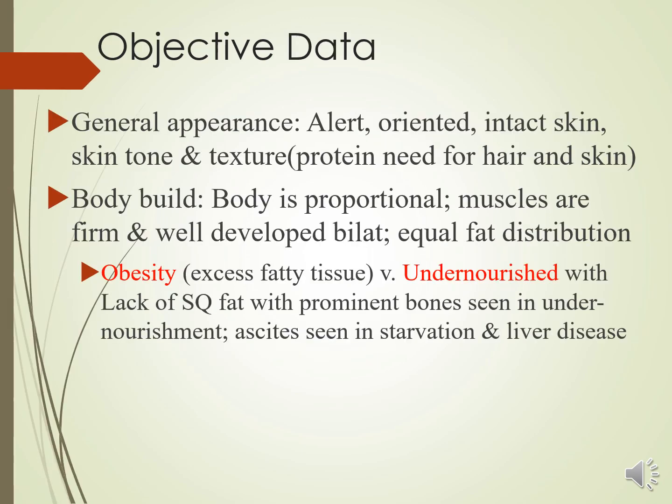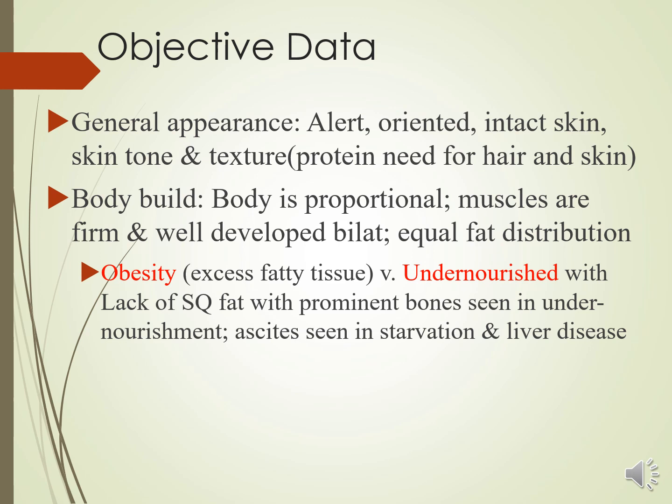So some of the objective data that you might look at for this patient is, are they alert and oriented? Is their skin dry and intact? Do they have good tone and texture? That tells you about some of their hydration. If they have thin hair or brittle nails, maybe some issues, low protein possibly. Is their body proportionate?